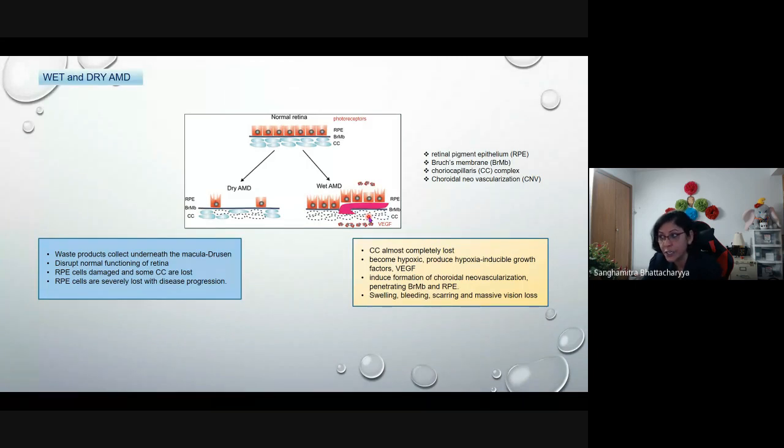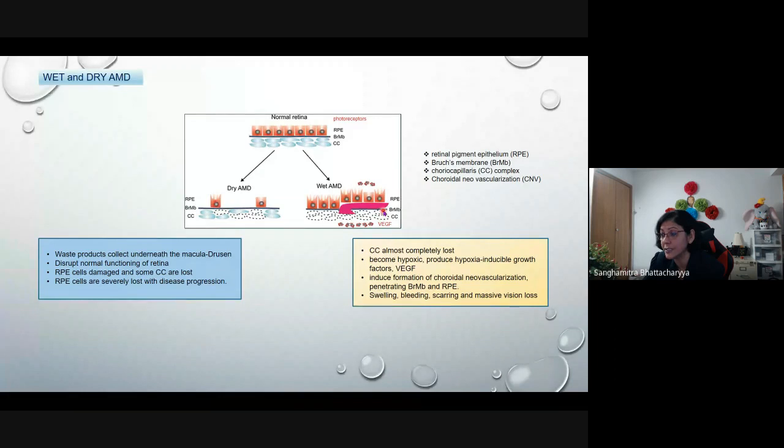The expression of hypoxia induced growth factors pulls in the expression of VEGF, which are vascular endothelial growth factor molecules. Now, the presence of these two growth factor types of molecules induces the formation of choroidal neovascularization, which means the formation of new vessels between the Bruch's membrane and the RPE.